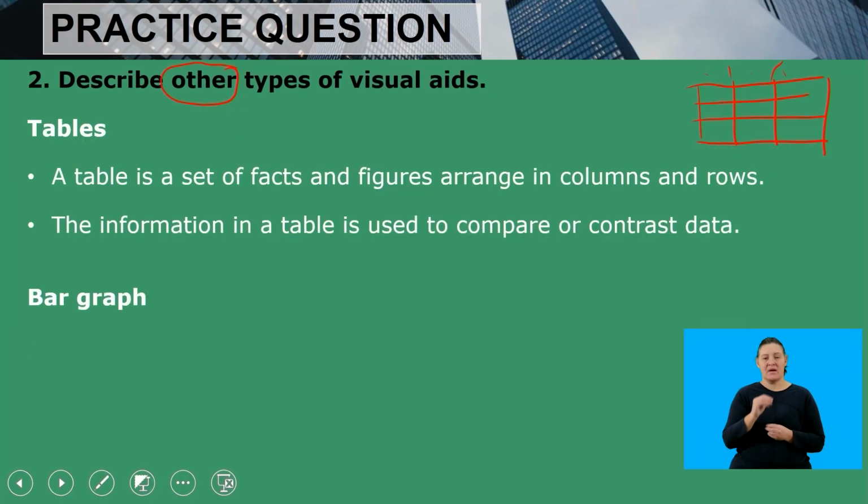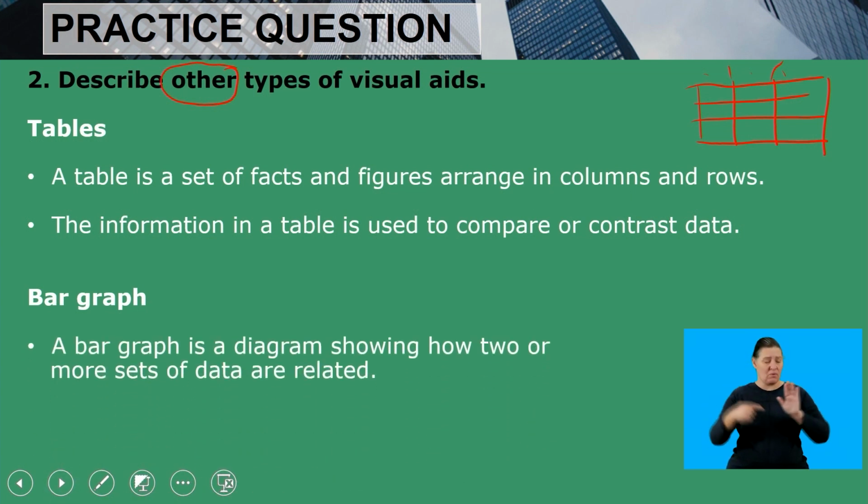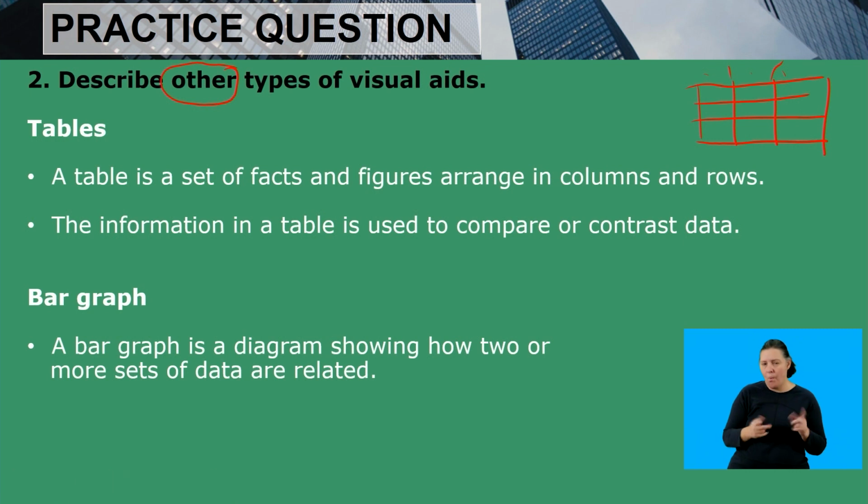Then we have a bar graph. A bar graph is a diagram showing how two or more sets of data are related. So when we draw a bar graph, we have a Cartesian plane. This is our Cartesian plane. These are our y-axis and these are our x-axis. So our bar graph has bars like this. So this is a bar graph.